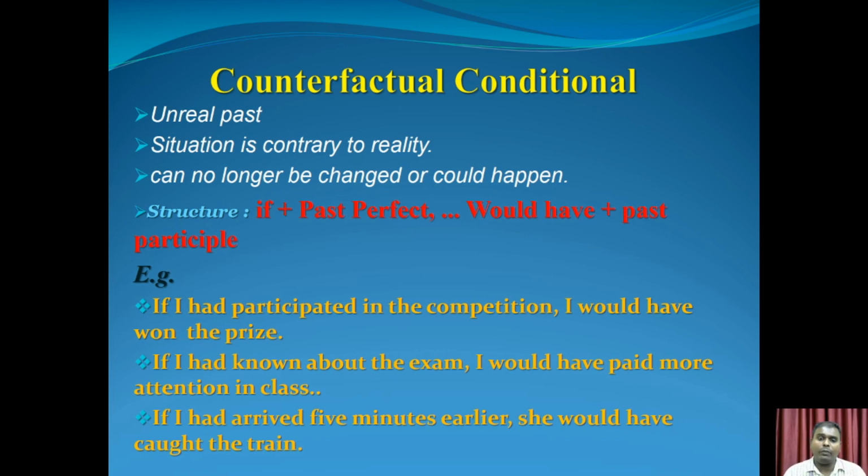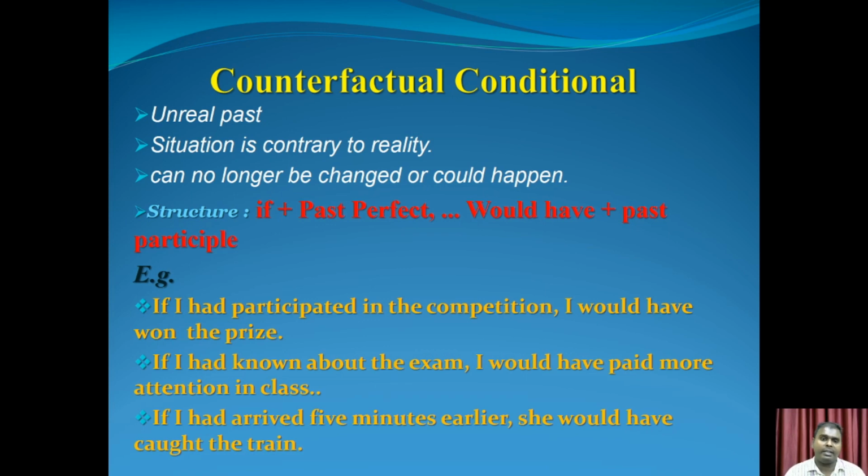If I had arrived 5 minutes earlier, I would have caught the train. It is not "she would have", it is "I would have". So I would have caught the train. So once again, another person is just feeling sad about the situation that happened. That is, he or she missed the train, and is just feeling sad about the situation, and that situation can be expressed with the sentence structure which I just pointed out over here.